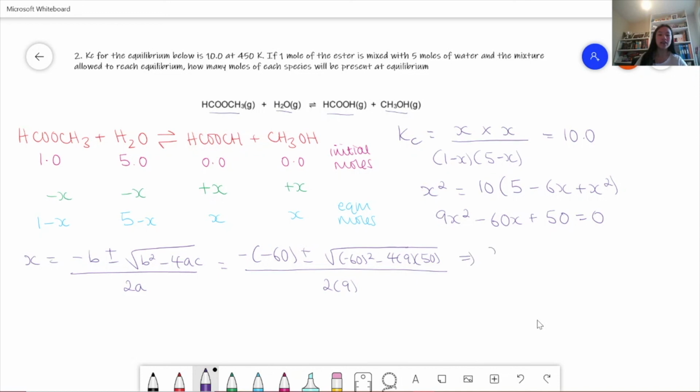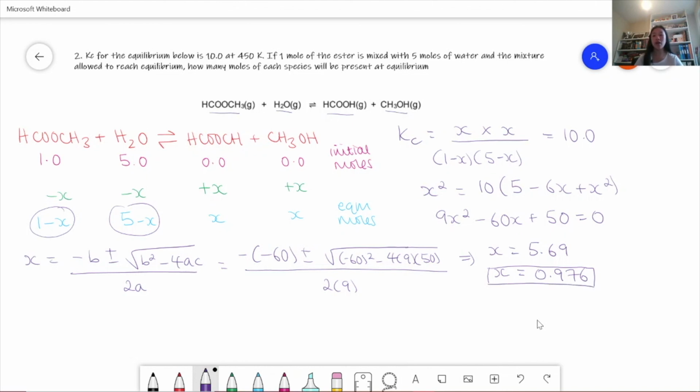And this gives us x equals 5.69 or x equals 0.976. And now we have to decide which one we use. And so looking back at our equilibrium moles, we can't really have 5.69 because that means that this and this would be negative, and we can't have negative moles. So this means that we must have x equals 0.976.